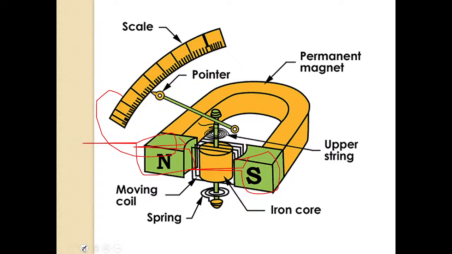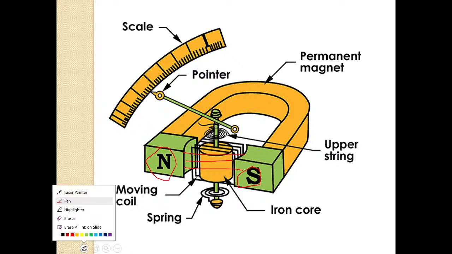So in between north pole and south pole, it is suspended in such a way that it can rotate vertically. The magnetic field that is induced between the north pole and south pole, traveling from north pole to south pole, is uniform, horizontal, and radial.